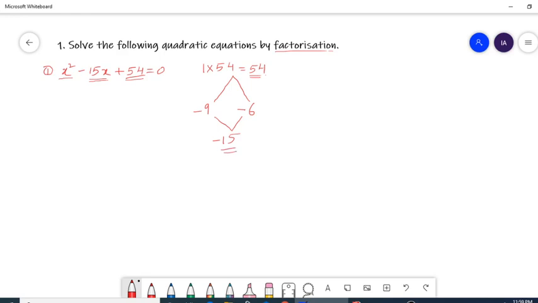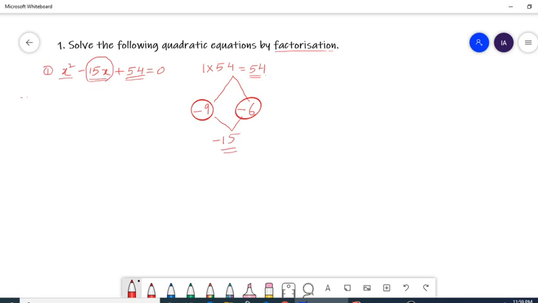So it is clear that minus 9 and minus 6 are the required linear factors for this equation. I'll substitute minus 9 and minus 6 in the place of the middle term along with the variable given in our equation.